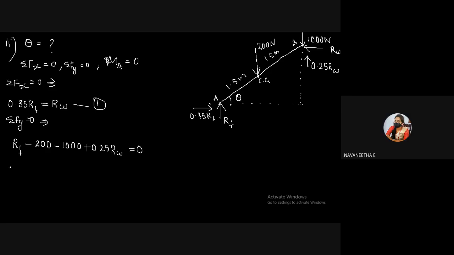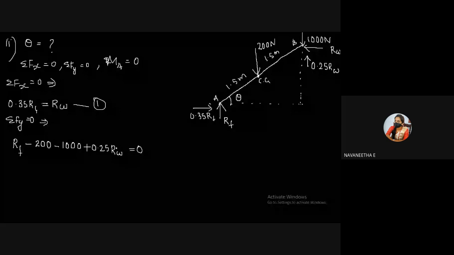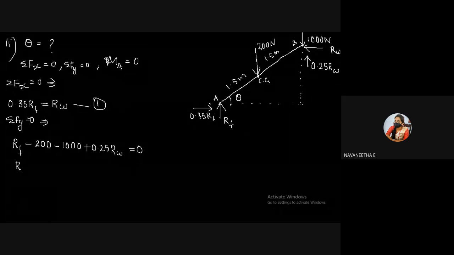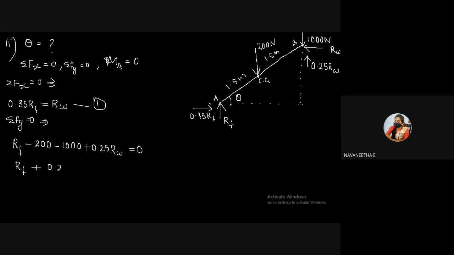Okay, so instead of RW, you can put equation number 1 in this equation. That is, instead of RW, you can write 0.35 RF. So this equation will be in terms of RF: RF plus 0.25 into RW is equal to 0.35 RF. So here I am putting minus 200 minus 1000, that is 1200.